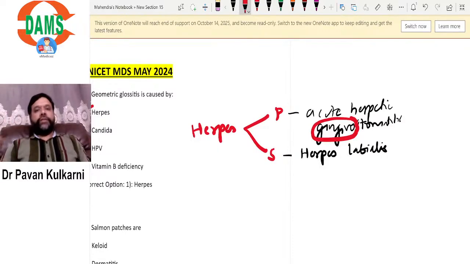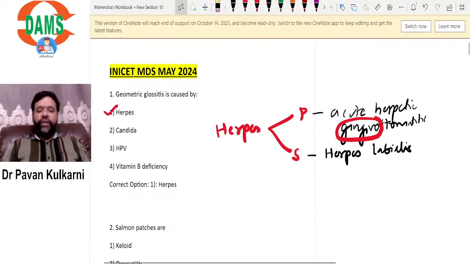That is how you differentiate herpetic ulcers from aphthous ulcers. Aphthous ulcers typically affect the labile mucosa, whereas herpetic ulcers usually affect the mucoperiosteal area. That is a point you have to remember.